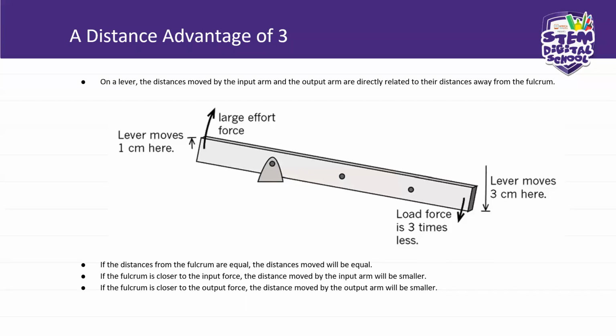Can you see that? In the other lever, we had our effort on the longer part of the arm of the lever. Now we have our effort on the shorter part of the lever.